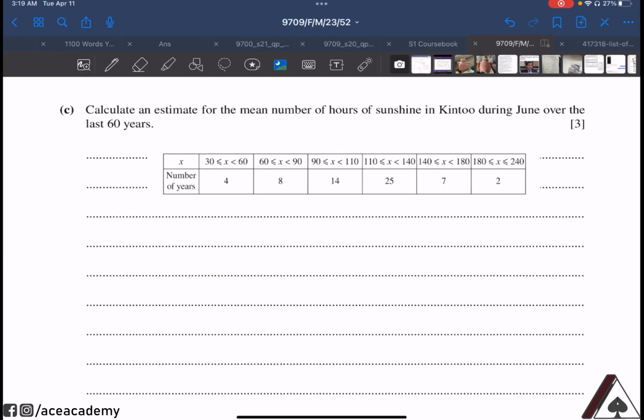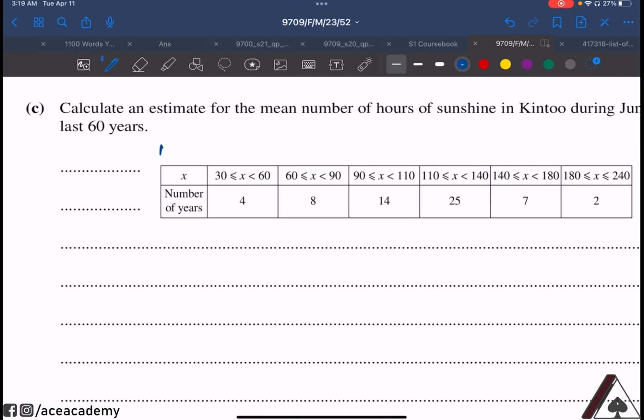Okay, we copied it. Now, in order to find the mean, we need to find the midpoint for all of this data. So midpoint is 30 plus 60 by 2, which is 45.